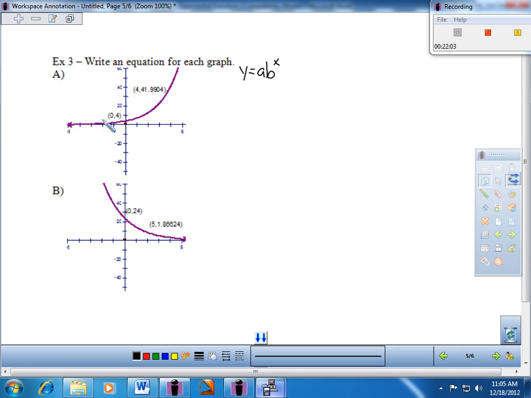So, first order of business, everyone, I see that there's the y-intercept there at +4. That's little a. So what we just determined is the y-intercept is the initial value, and the initial value is little a. Now I don't have b. I have no idea the growth factor per time period, no idea. But I do have something I can work with.